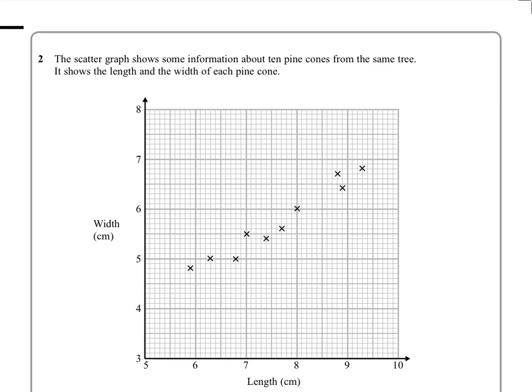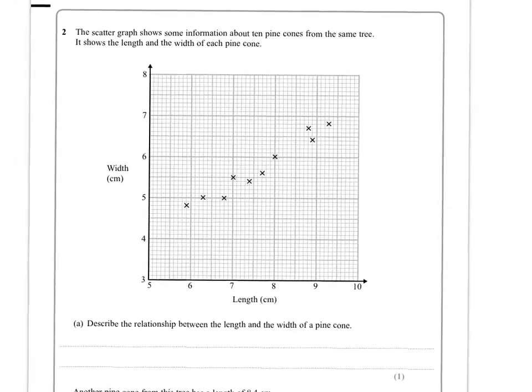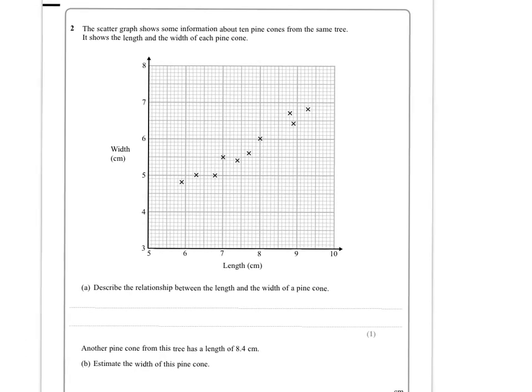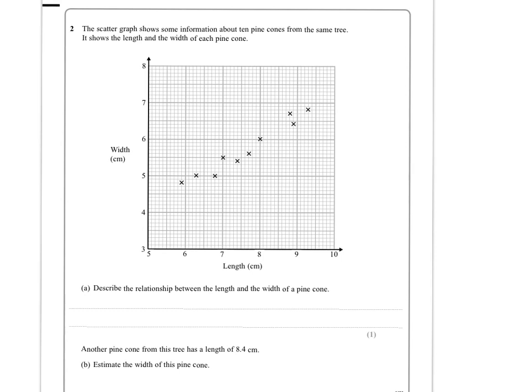So for this question, we're looking at a scatter graph showing the information about 10 pine cones from the same tree, and we're probably going to be asked to comment on the relationship somehow. It says describe the relationship between the length and the width of a pine cone. I would generally anyway just draw a line of best fit personally, so let's try that.